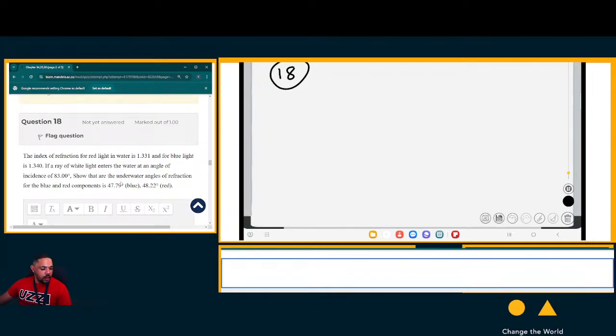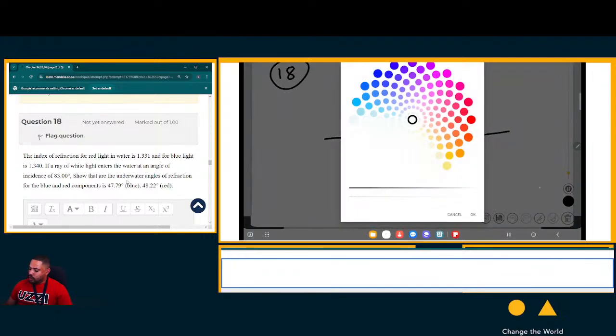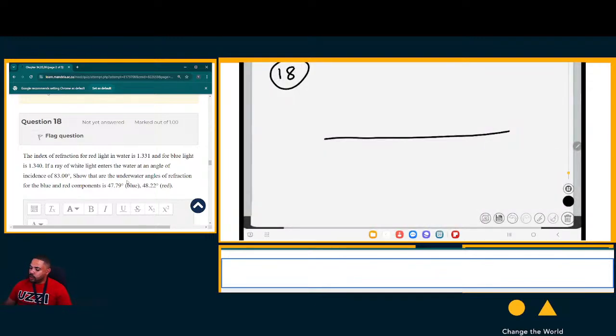The index of refraction for red light in water is, and let's draw the situation. Just before I change the colors, let's say there's a red light and blue light in water.